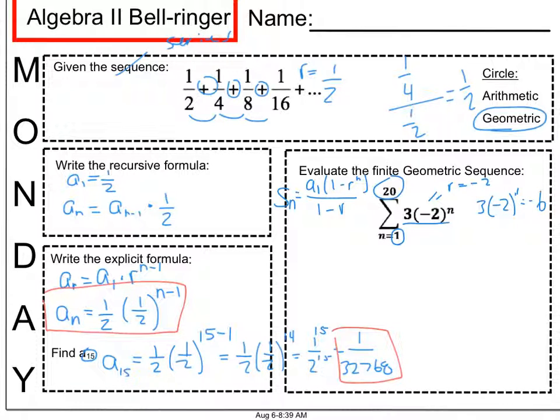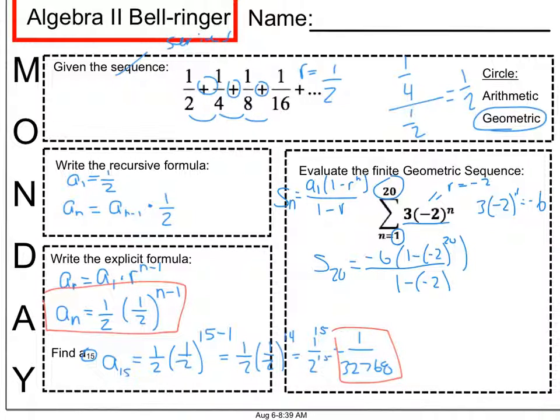And we know that our n is 20 because that is the number that we're summing through. So I'm going to say S sub 20, which indicates the sum through the 20th number in the pattern. And we're going to put a1, which is -6, times 1 minus, and our r is -2, and that needs to be raised to the 20th power.